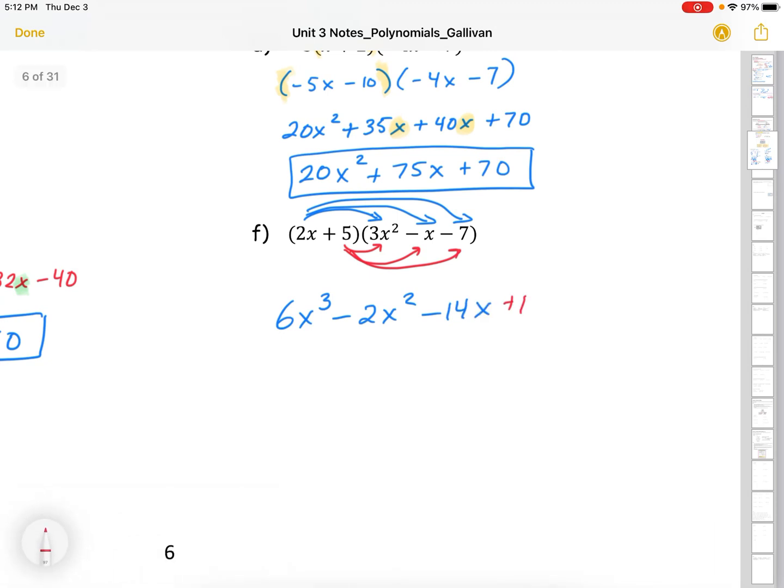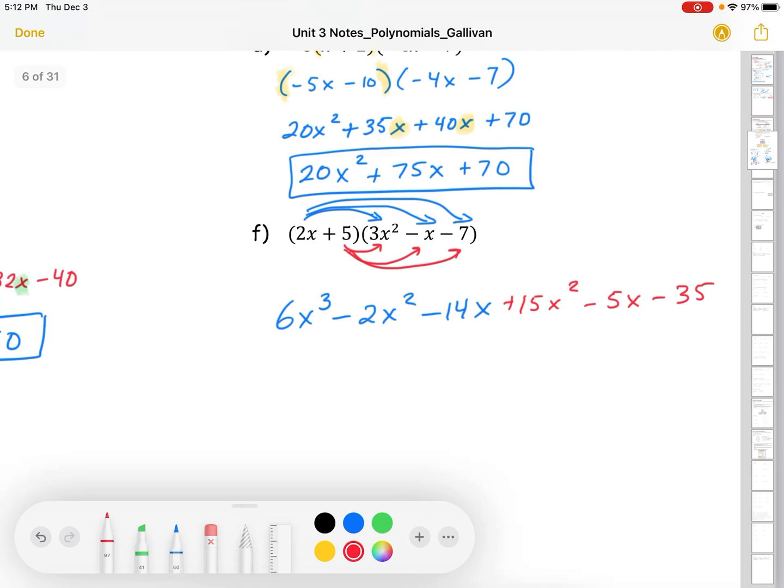Then I have 15x squared, 5 times 3x squared, and 5 times negative x is negative 5x, and then negative 35.